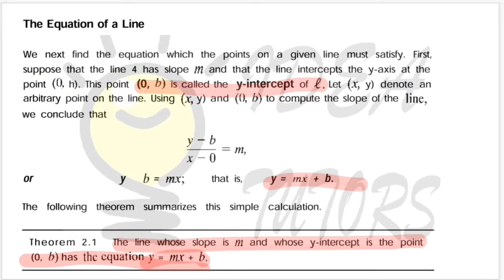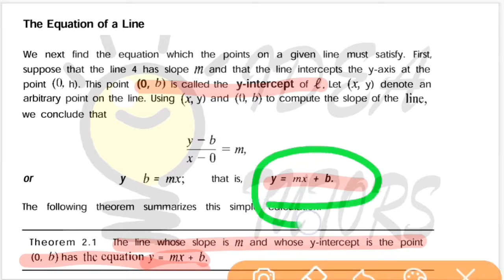What is the equation of a line? We have just seen the equation of a line in this form. This is basically the form for a line, or equation of a line, and B, as we have already seen, is the intercept term, that autonomous consumption in the consumption function.